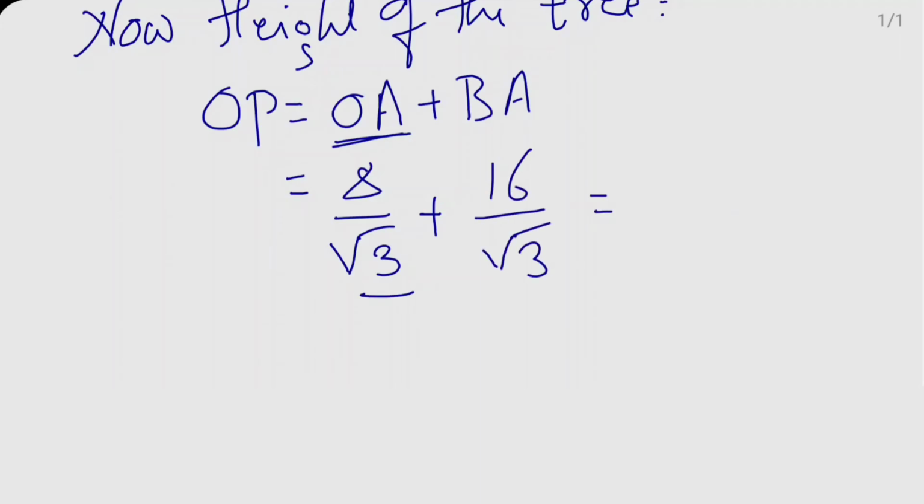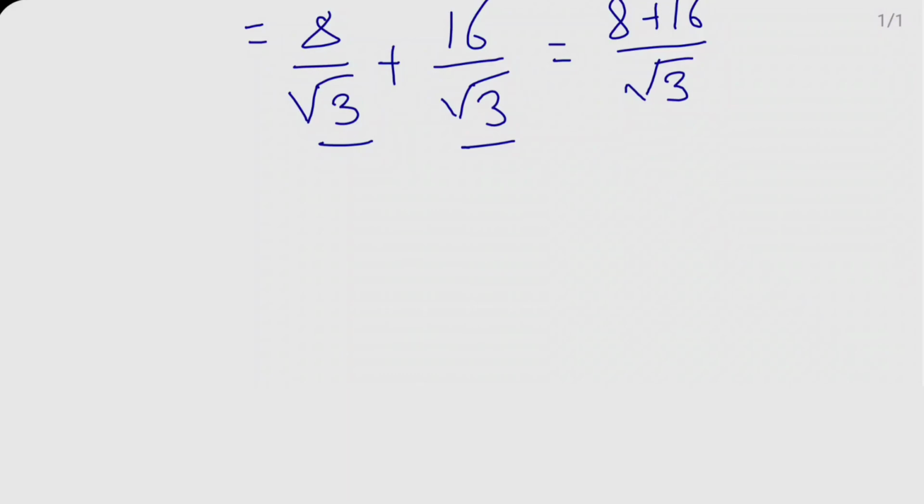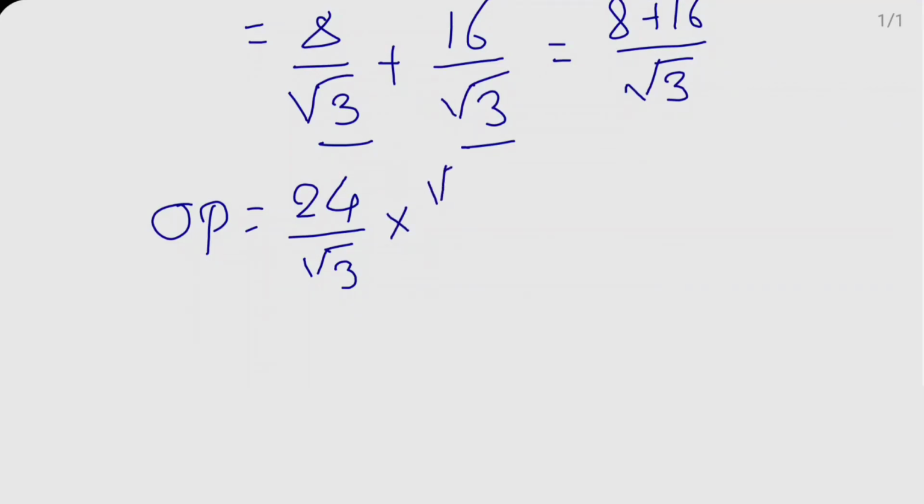8 by root 3 plus BA, which is 16 by root 3. So take root 3 as the LCM. We get 8 plus 16 divided by root 3. So OP is equal to 8 plus 16, which is 24, divided by root 3. Here we multiply and divide by root 3, because in the denominator we have a root value.